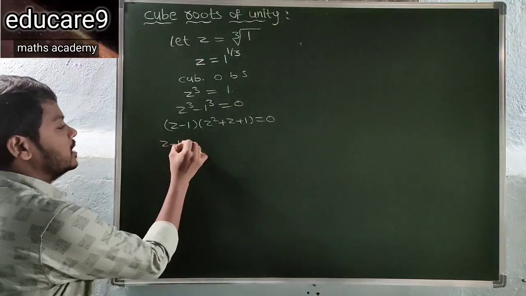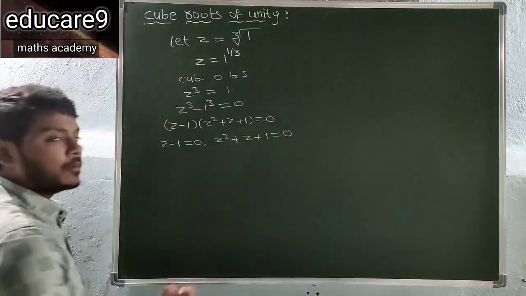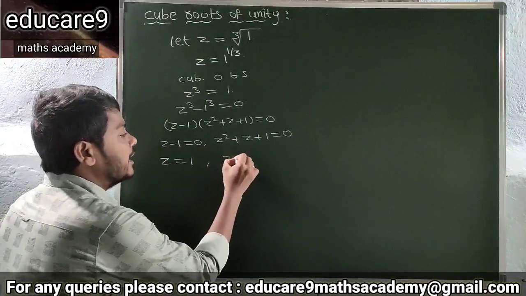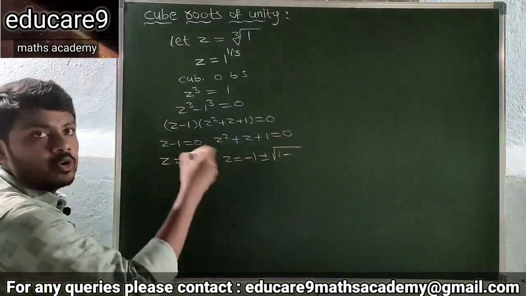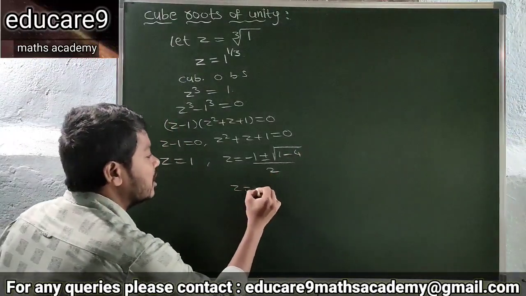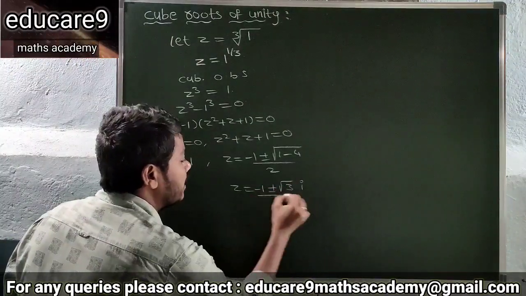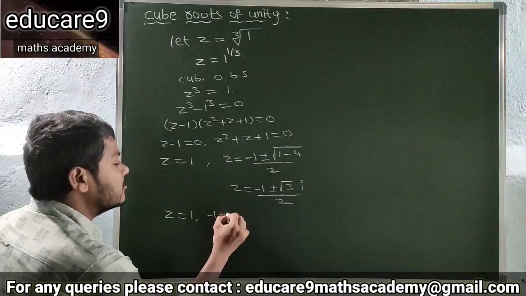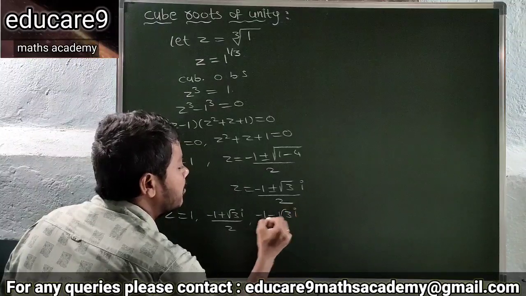So clearly z minus 1 equals 0, and z square plus z plus 1 equals 0. So clearly z equals 1. And here z can be written as minus b plus or minus root of b square minus 4ac, divided by 2a. So clearly z equals minus 1 plus or minus root 3i by 2. So the z values are 1, minus 1 plus root 3i by 2, and minus 1 minus root 3i by 2.